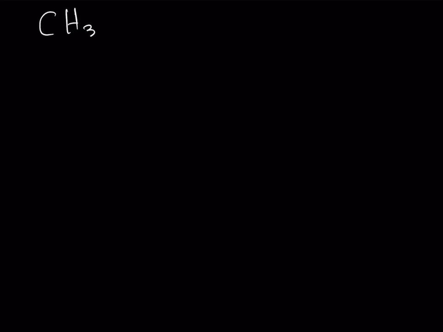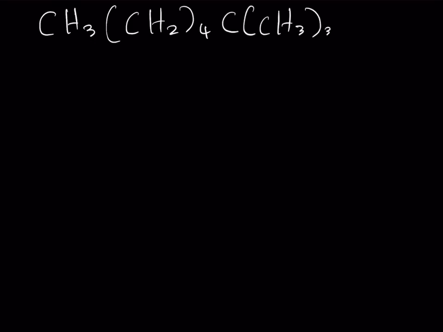So let's take a look at CH3, CH2 4, CH3 3. How would you draw the bond line structure for this one? So first, let's expand this out and understand what the right end means. So we have a CH3 attached to 4 CH2s.